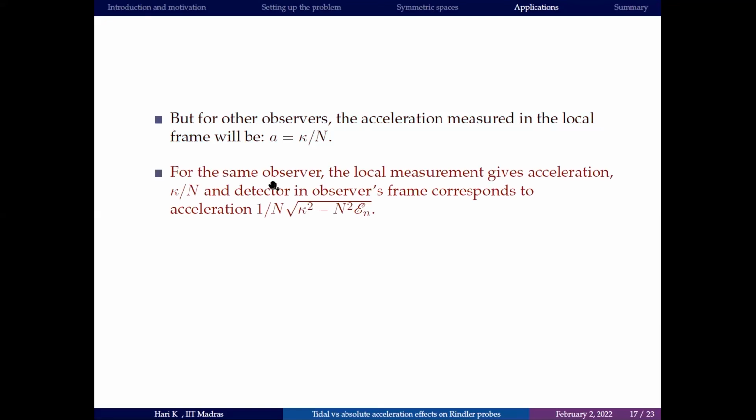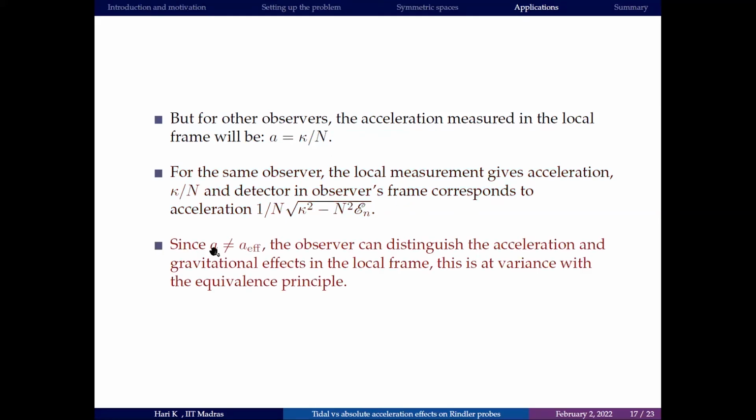But if we look at the detector response of the same observer, the detector will respond to an effective acceleration of this A effective, which was given in the last slide. We can see that if we are using two different methods, we are getting two different accelerations. So since A is not equal to A effective, the observer can actually distinguish between the acceleration effects and the gravitational effects in his or her local frame. So we found that this is at variance with the equivalence principle.